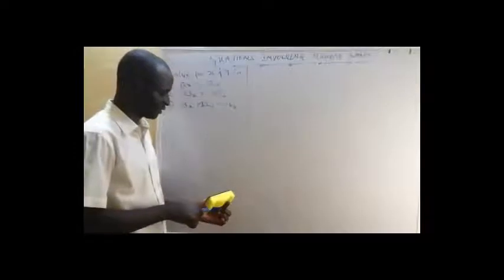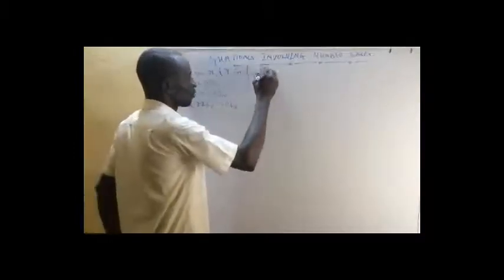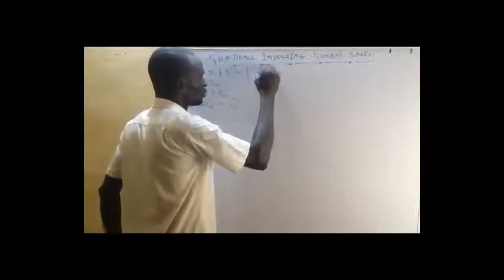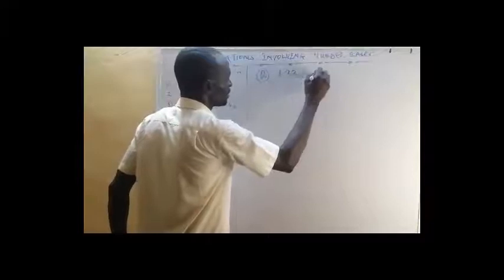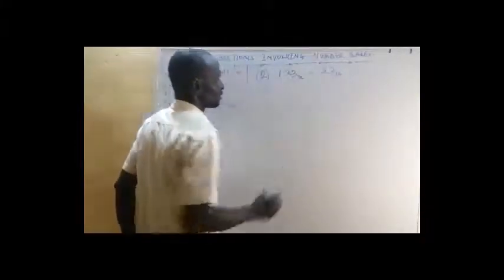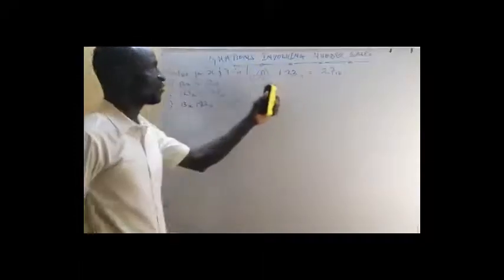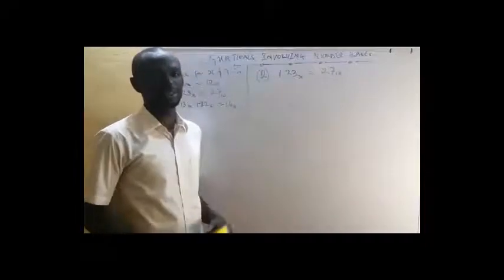Question 2 says 1, 2, 3 base x is the same thing as 27 base 10. That is, if I convert 1, 2, 3 base x to base 10, I must get 27.